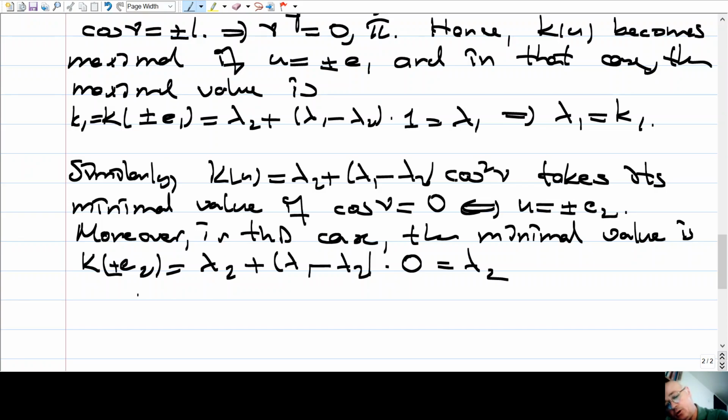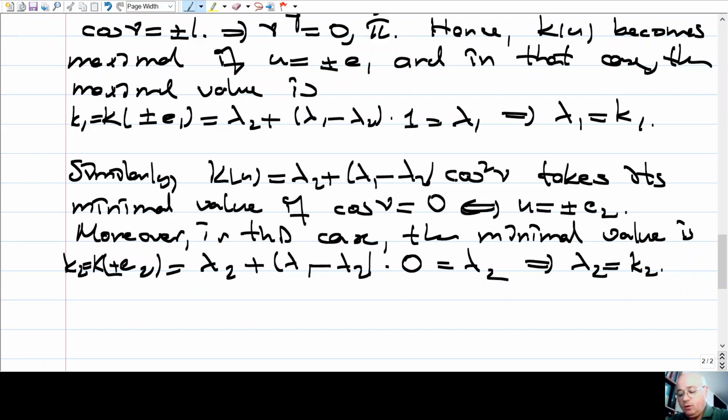Therefore, the minimal value, we know that it was K1. So K1 is equal to, no, minimal value was K2. I am sorry. K2. So K2 is lambda 2, or lambda 2 is K2. Okay.